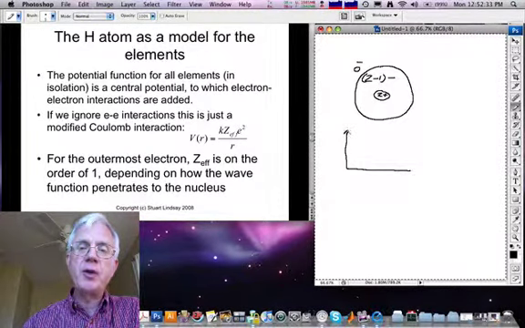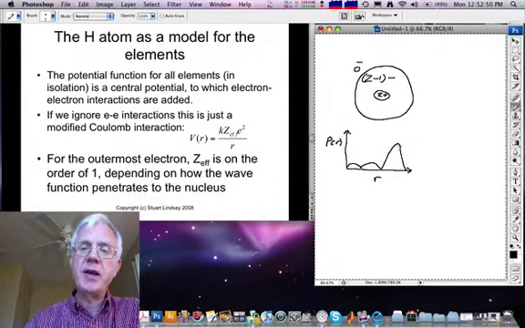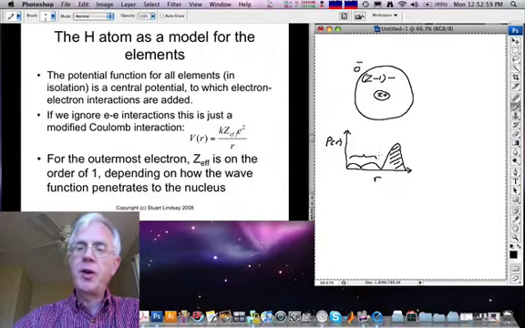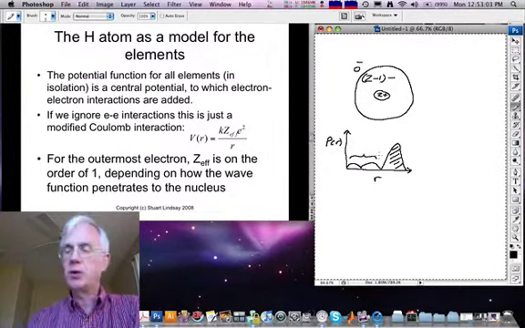So just to remind you, if we plot the probability of finding an electron versus radius, then, for example, for the 3s state, it looks something like this. So although most of the probability density is found on the outside of the atom, these parts of the probability density overlap with other electrons and cause the effective Z to be not equal to 1.